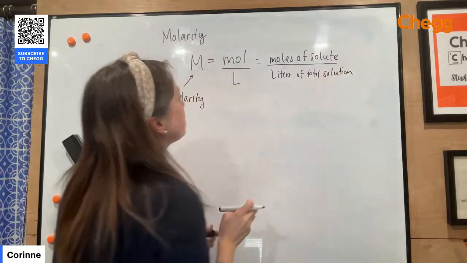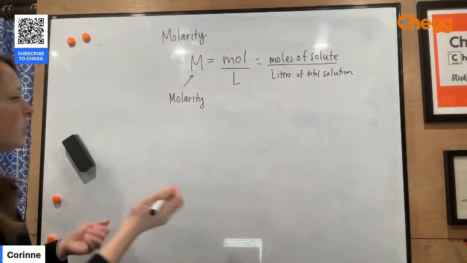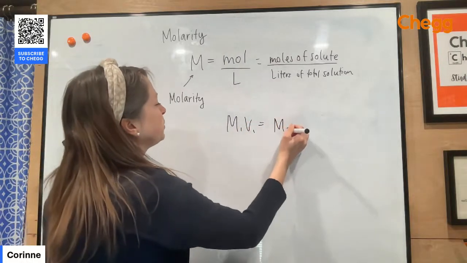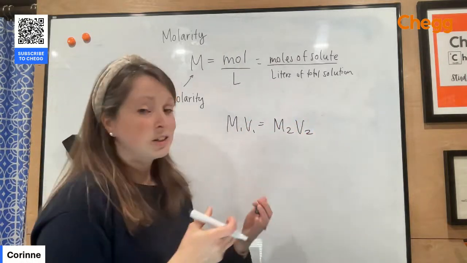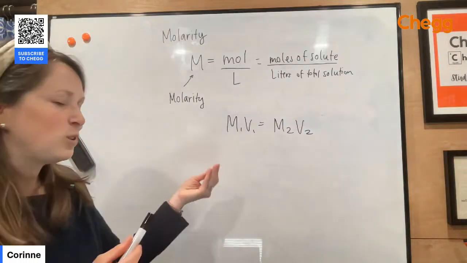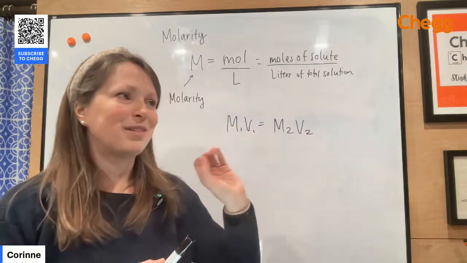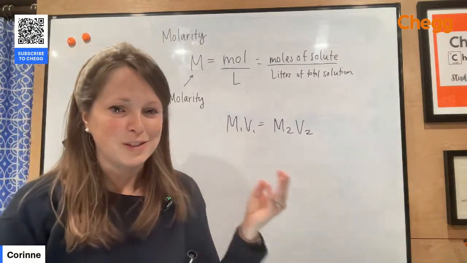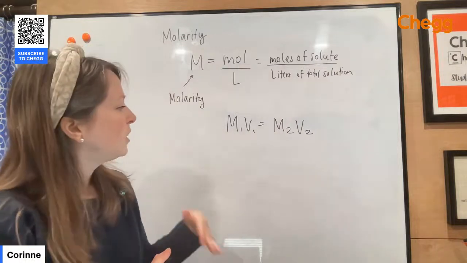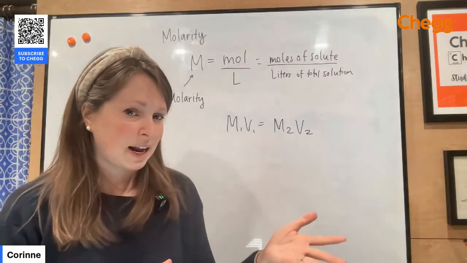Some other equations you might need: if you're doing a dilution, you might use this equation, M1V1 equals M2V2. If you think about a solution that you are diluting, say you have 100 milliliters of 6 molar hydrochloric acid and you want to dilute it down to 3 molar, you're going to add water to make that happen, right?